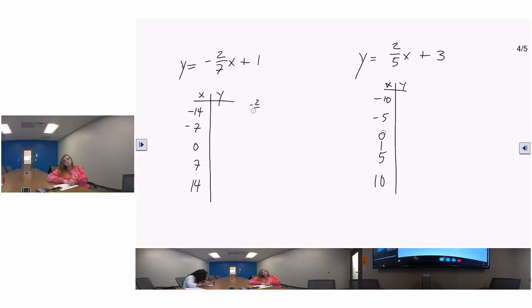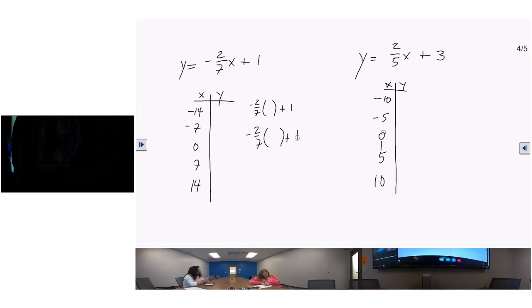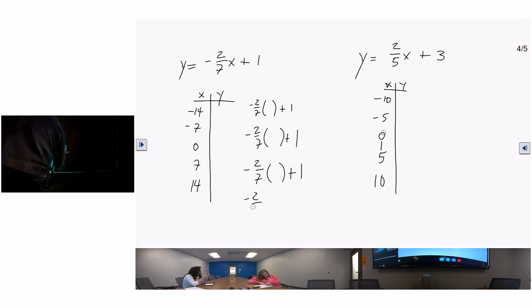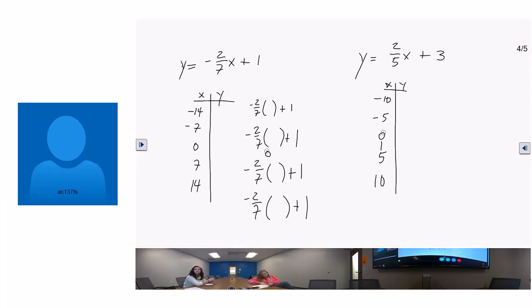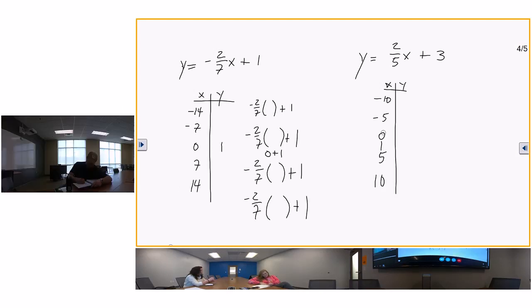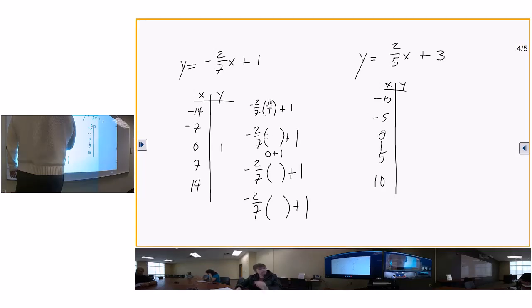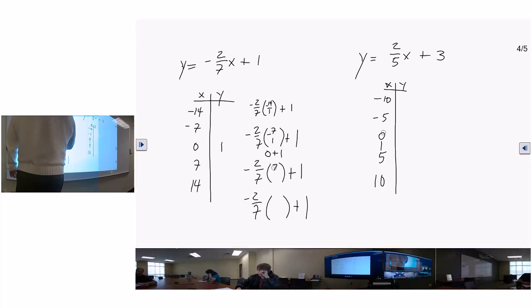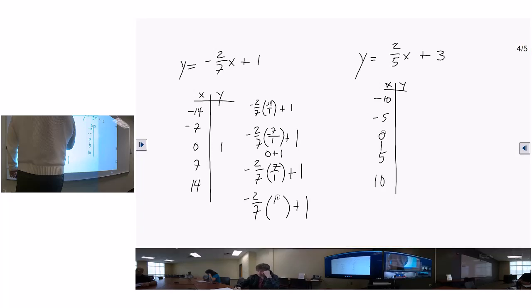Negative 2/7 times the x value, plus 1, for each one. And I'm not going to do the middle one for 0, because 0 plus 1 is what? 1. So I'm not going to do that. But I'm going to put a negative 14 over 1 here, negative 7 over 1 here, 7 over 1 here, and 14 over 1 here.